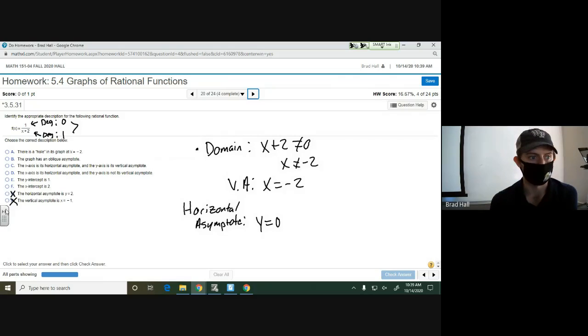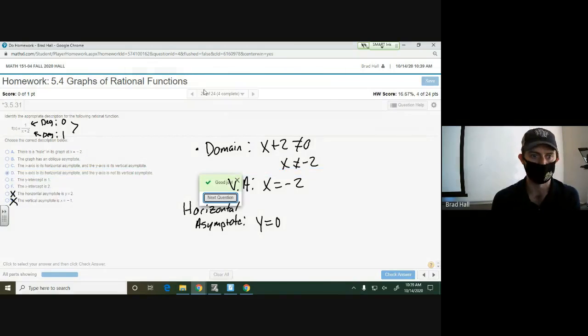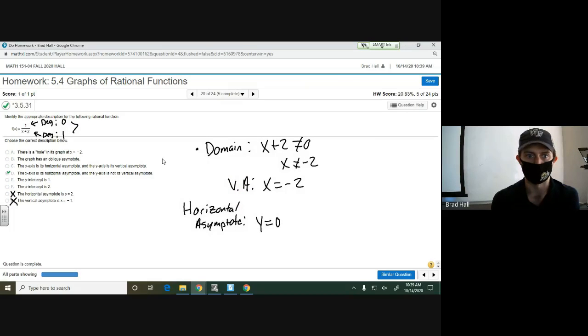That's correct as well, because the vertical asymptote we found is -2. That is not on the y-axis. Vertical is up and down. It's on -2, which is not the y-axis. So really, just by that information alone, we can determine that answer choice D is the correct statement.